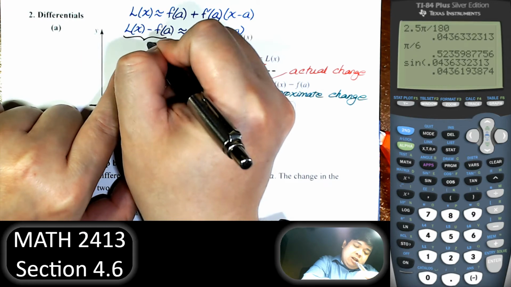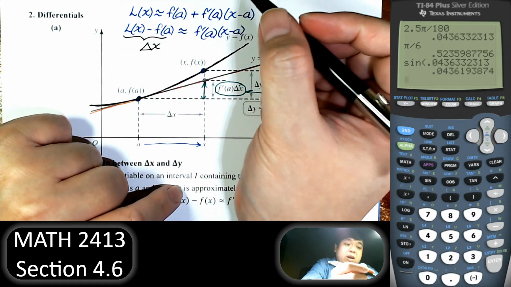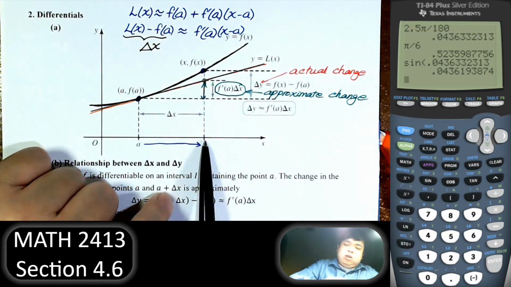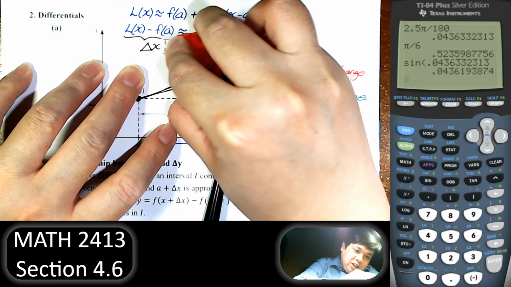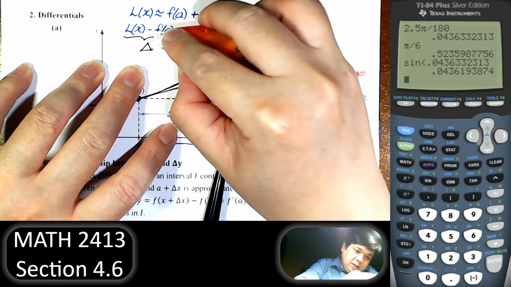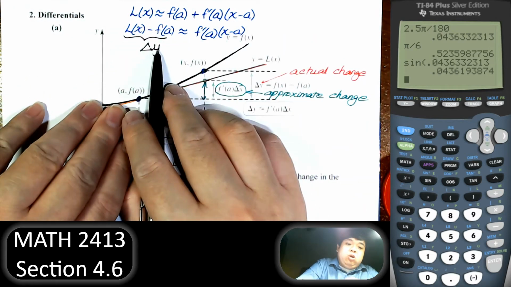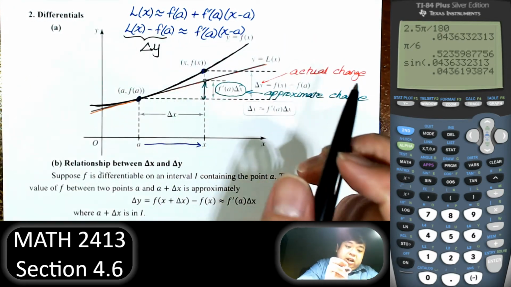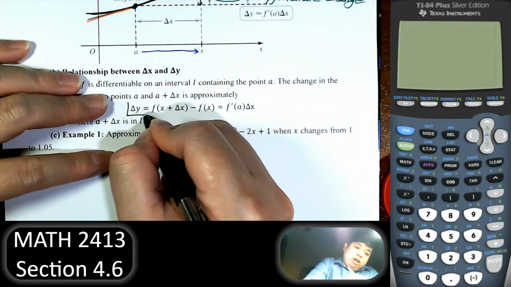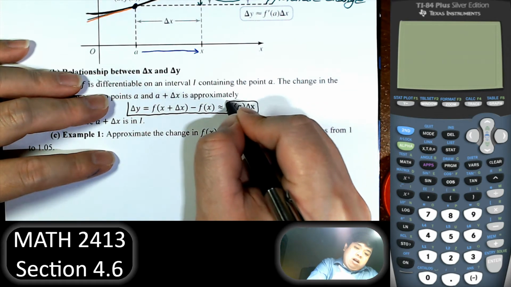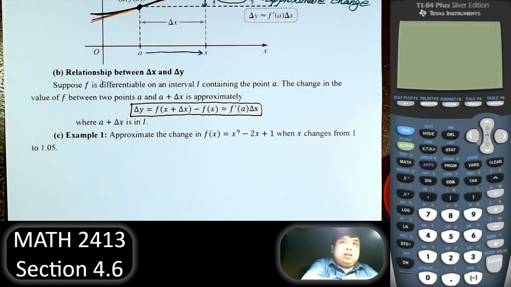Now this is approximately equal to delta y, I'm sorry, delta y. So approximately this is the change in the y values, will be approximated by derivative times the change in x. So put them together. The change in y is approximated by derivative times the change in x.